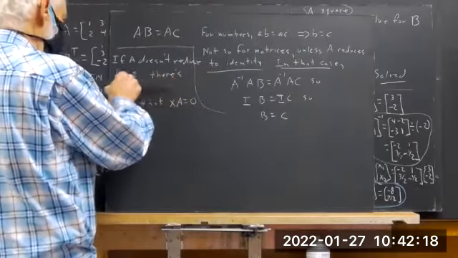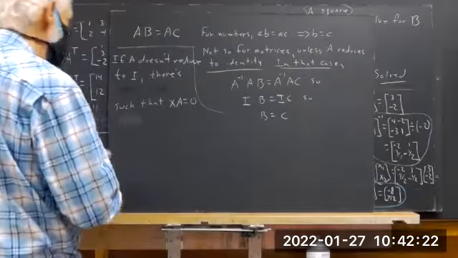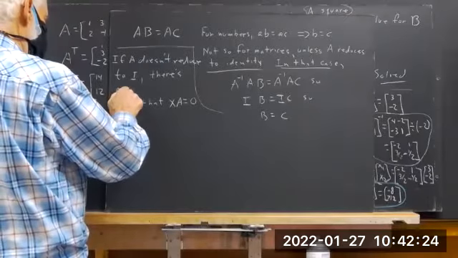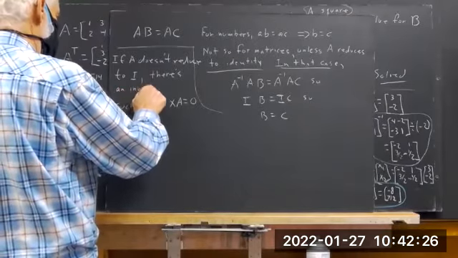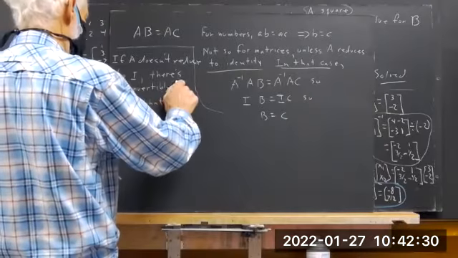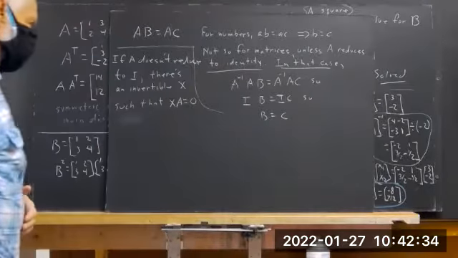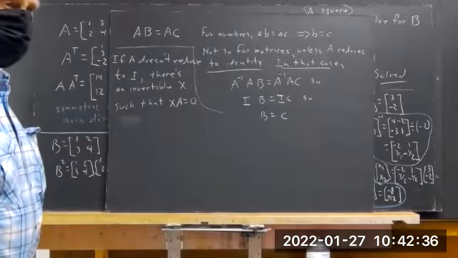I should have written this out before. Make sure I got all my words in the right place. There's a nonzero matrix X such that AX equals 0.